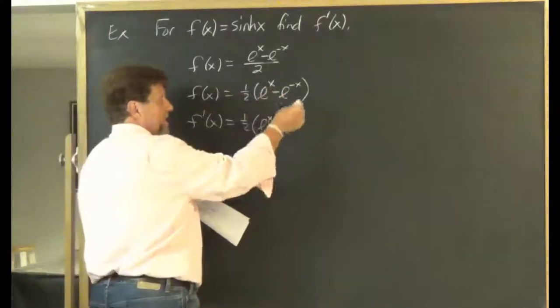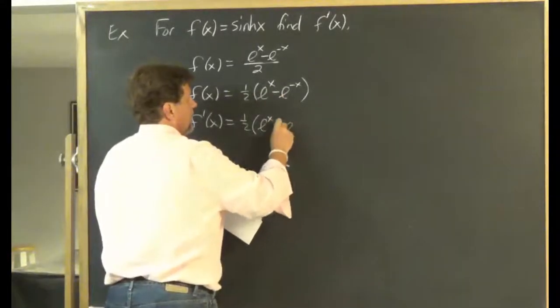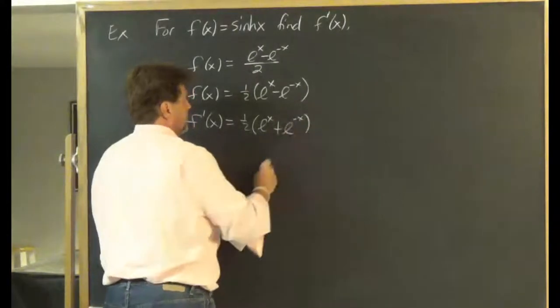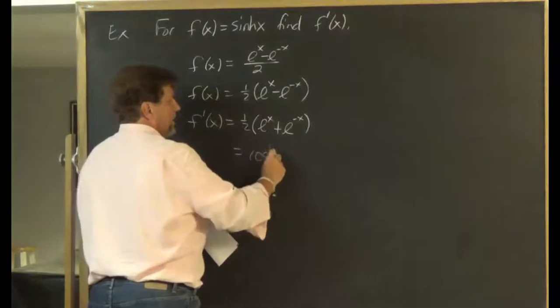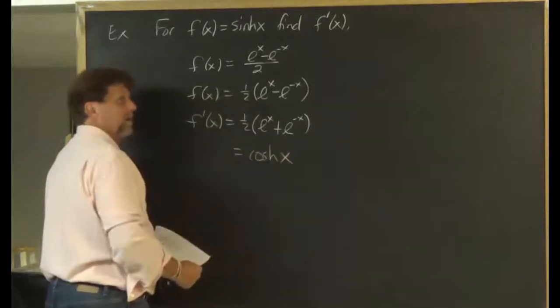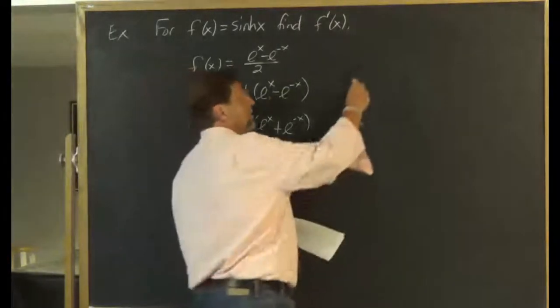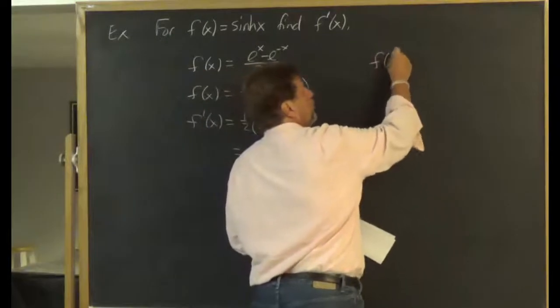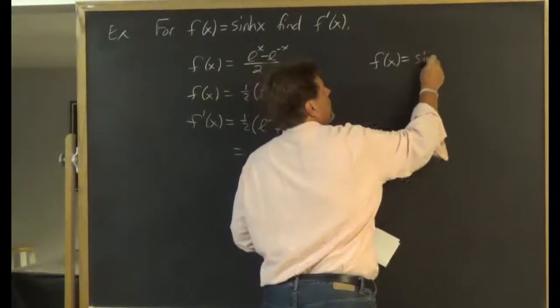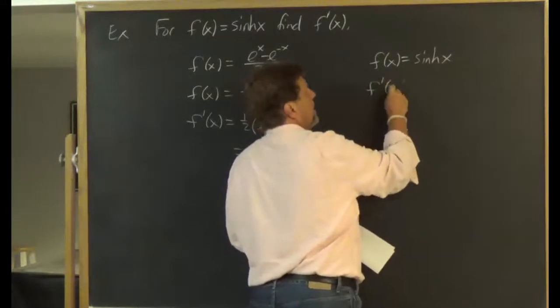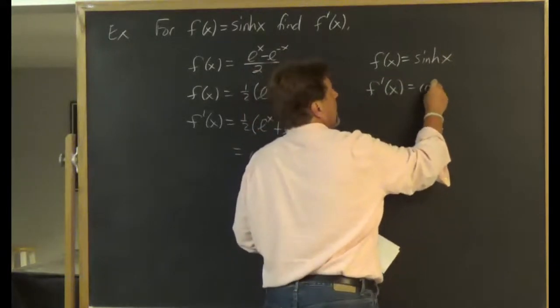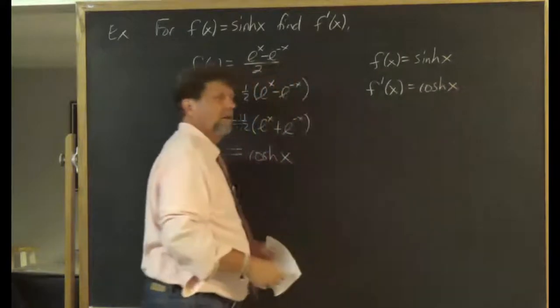So that'd be minus a negative, which is plus, which is nothing more than the definition of hyperbolic cosine. So we've just determined a rule. We have just determined that the derivative of hyperbolic sine is hyperbolic cosine.